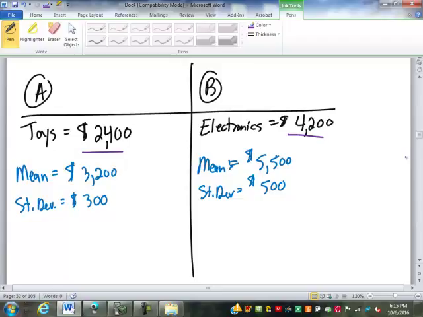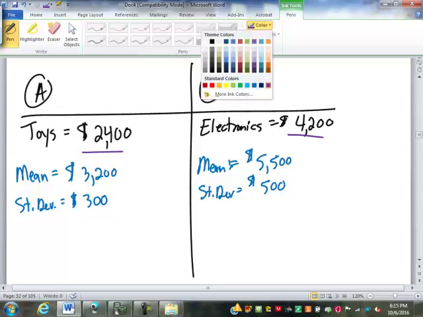Depending on the time of year, you don't know what the sales are. Christmas time, of course, toys might be higher sales than electronics in some cases, but who knows? So we want to compare them to the other members of their own population. So we're comparing the person who's selling toys to other people selling toys, and the person selling electronics to other people selling electronics.